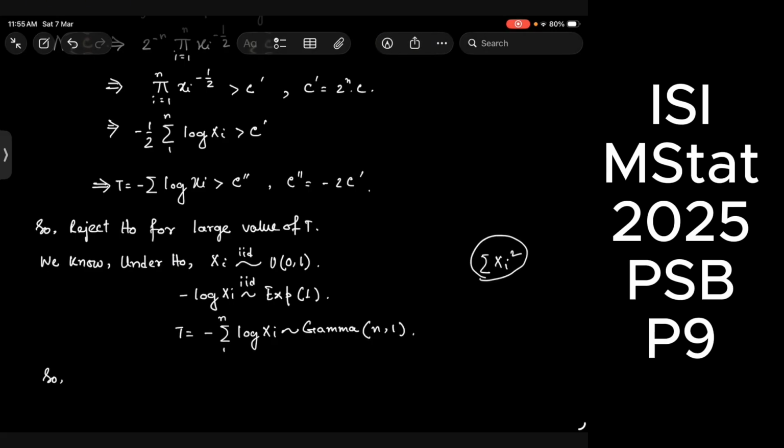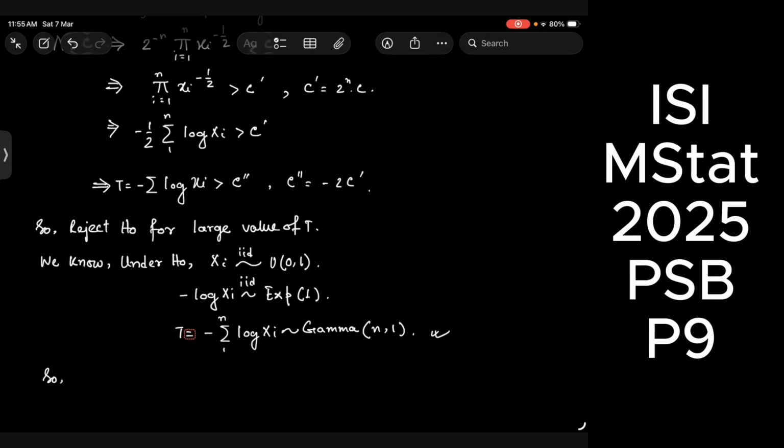Minus 2 log xi will follow chi-square 2. Then minus 2 summation log xi will give us chi-square 2n, and then we can find the upper alpha points from this, right?